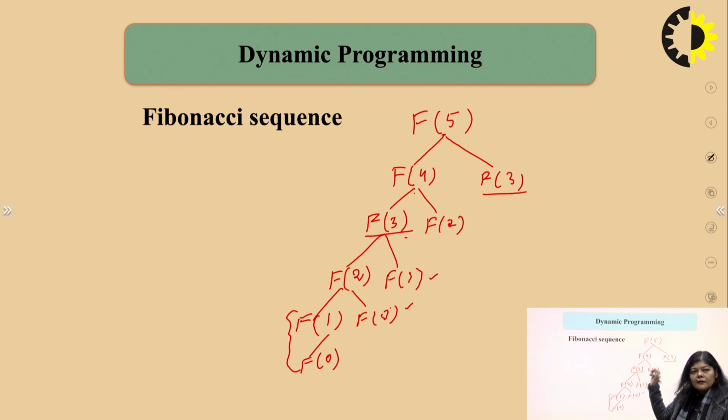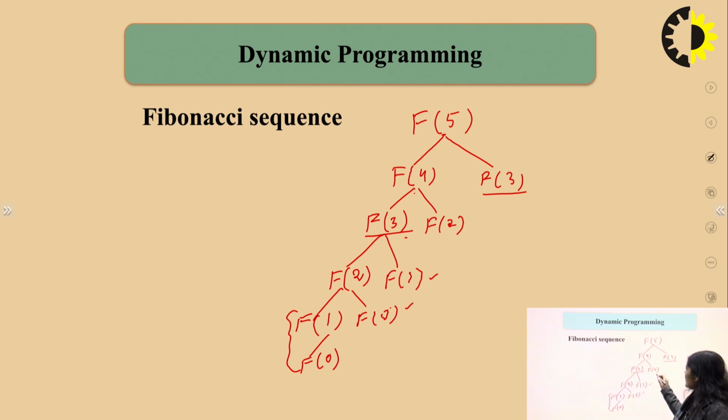So the F3 solution needs to be calculated 2 times if I am using the divide and conquer approach. But if I'm using the dynamic programming approach, I can save this time and reduce the computational resources by only computing the solution of a sub-problem once, right?